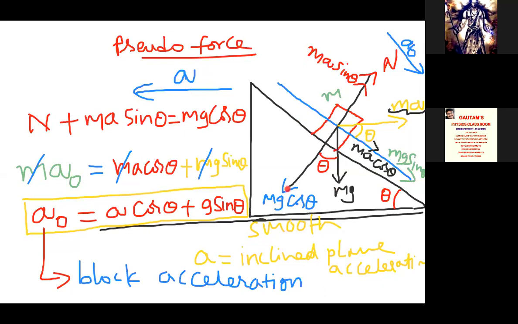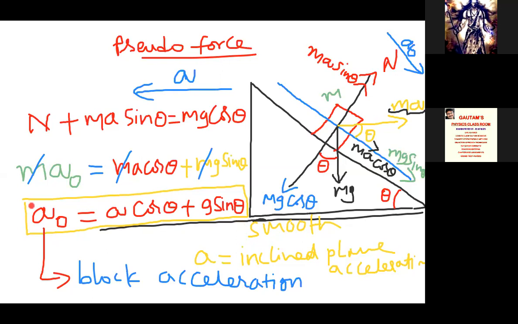So we observe that a naught is the acceleration of the block if we have taken. Then the downward force for the block is m into a naught. M into a naught is equal to the sum of the downward forces, mg sin theta plus ma cos theta. Everywhere I cancel m. So I got finally A naught is equal to A cos theta plus G sin theta.